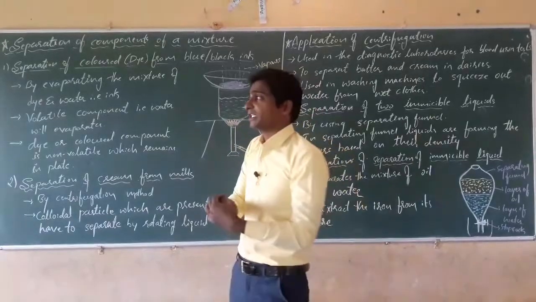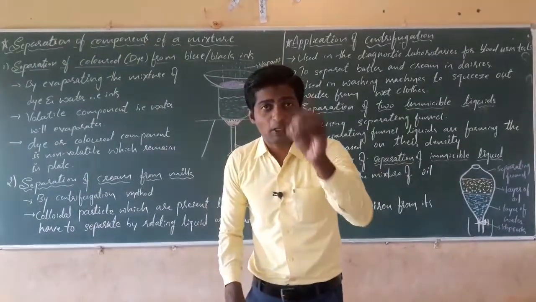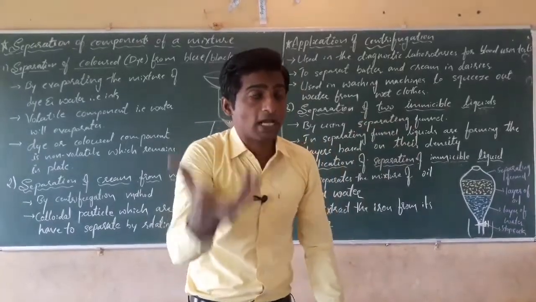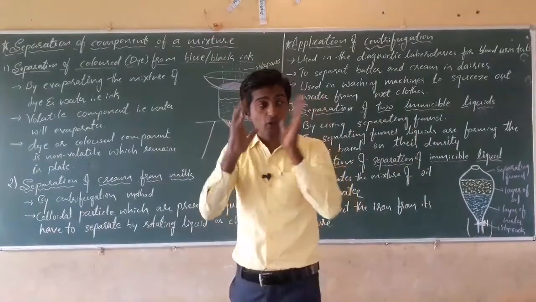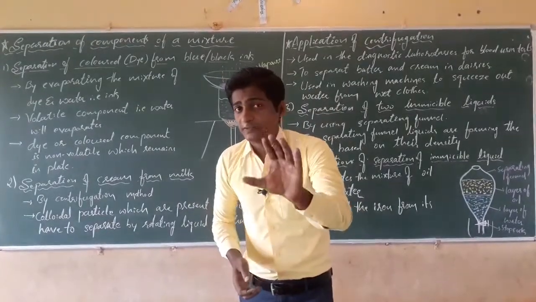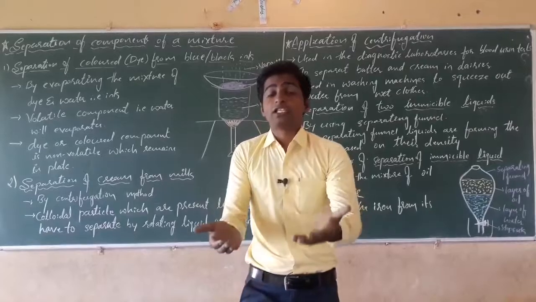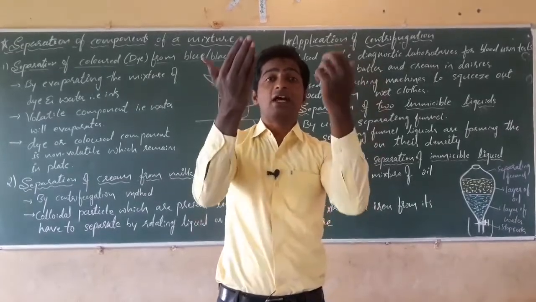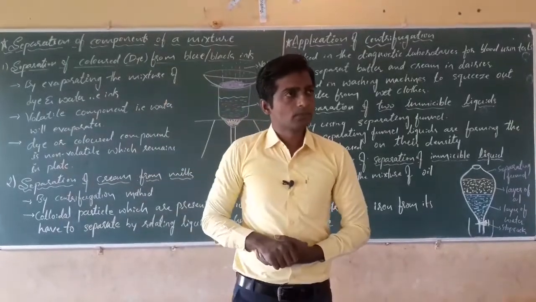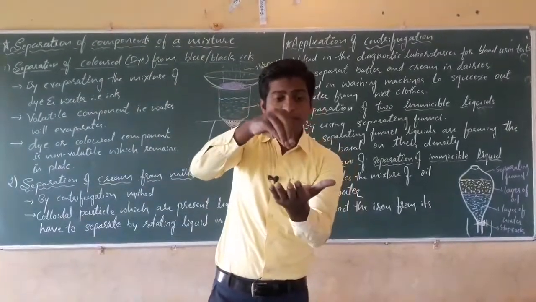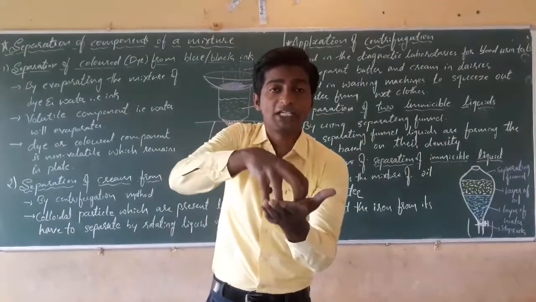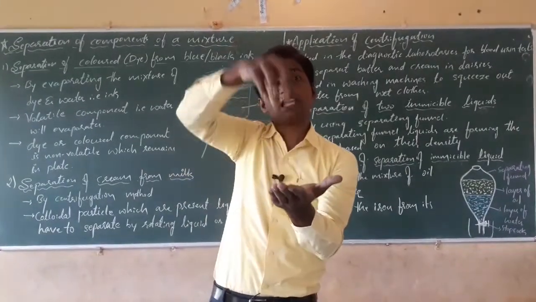The black or blue dyes are non-volatile substances and water is a volatile substance. First of all, we should know the meaning of volatile and non-volatile substance. Volatile substances are those which evaporate easily on heating. Water will evaporate on heating. Petrol, if we take it on our palm, at our body temperature only the petrol will evaporate.